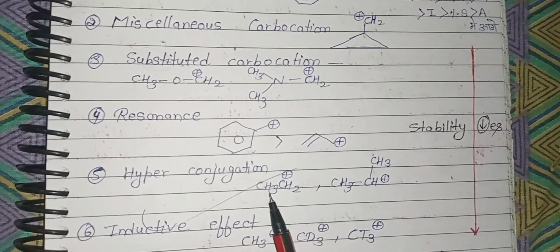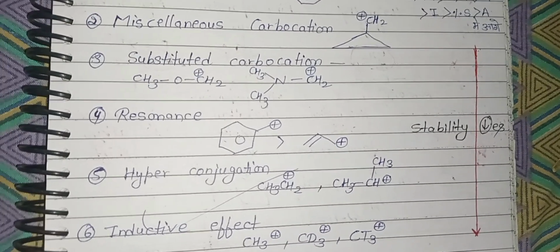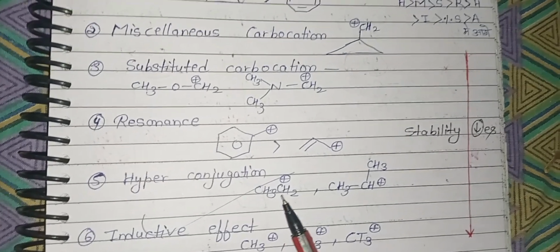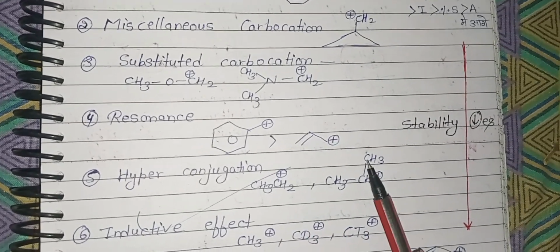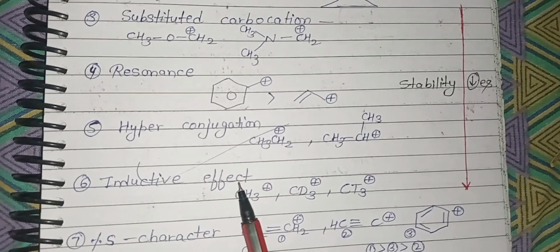Hyperconjugation: the greater the number of alpha hydrogens, the greater the stability of the carbocation. Here there are 3 alpha hydrogens, and here 6 alpha hydrogens, so it is more stable. Next, the inductive effect.